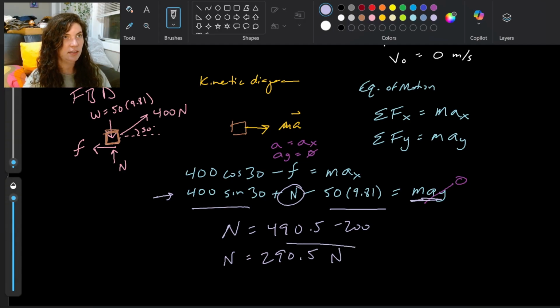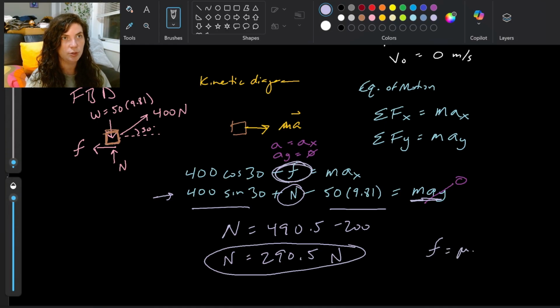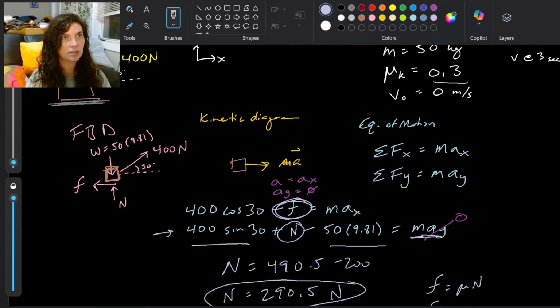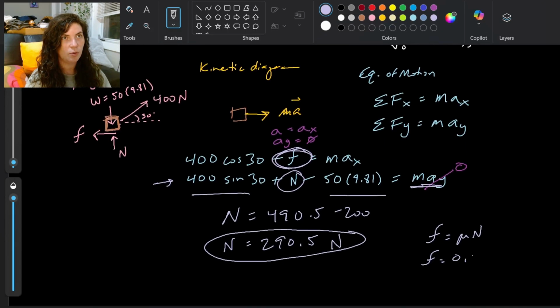Which is excellent because what I can do is use this normal force value that I got to relate to my frictional force. Right? We know friction force is mu times N. So my friction force, what do we say mu was? 0.3? 0.3 times 290.5.